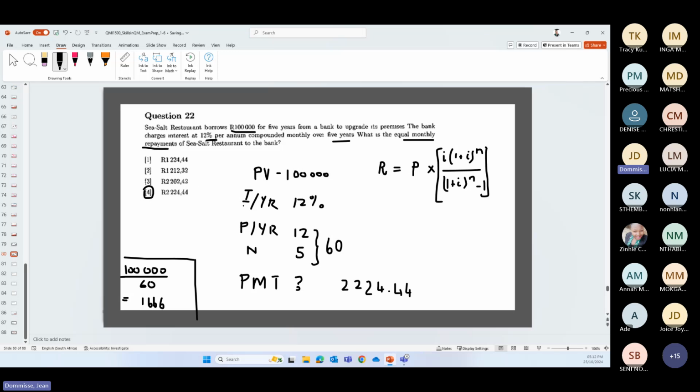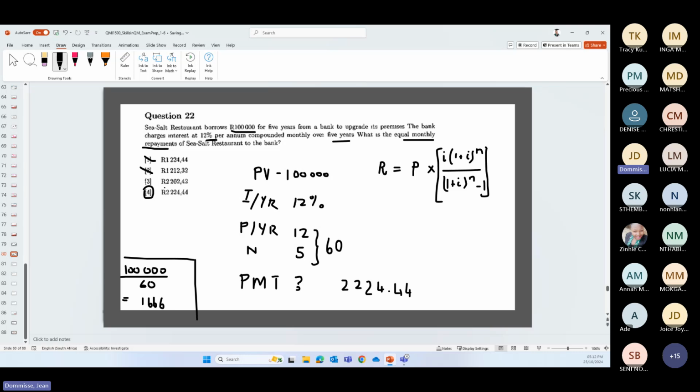So if interest is coming onto that, it needs to be one of the other two answers because it won't be a number lower than 1666.